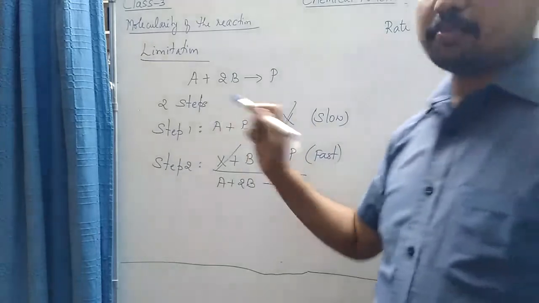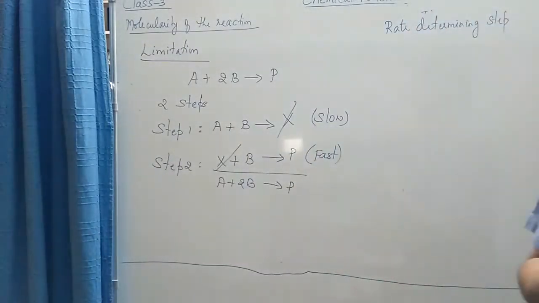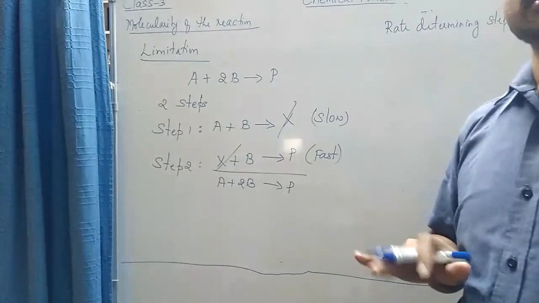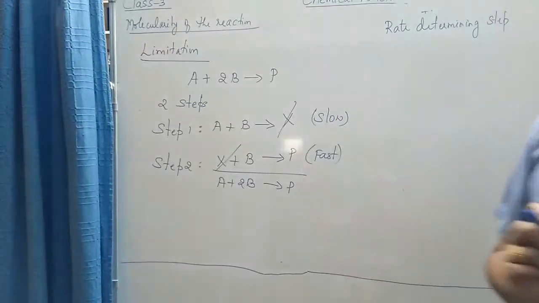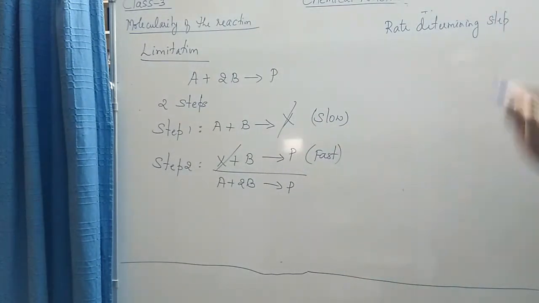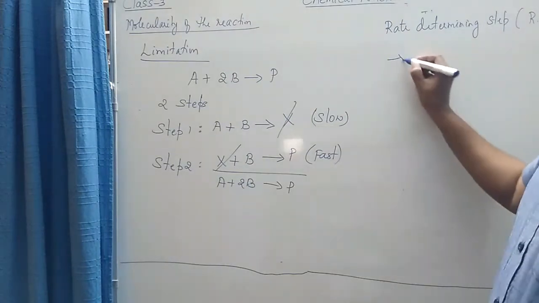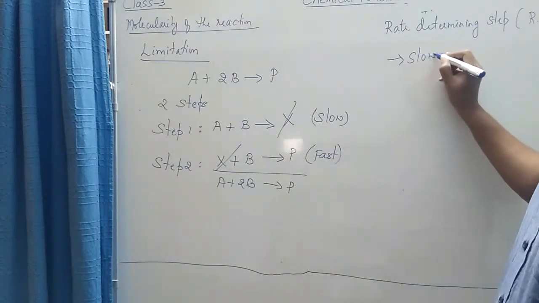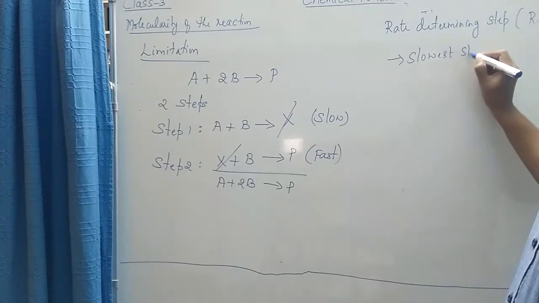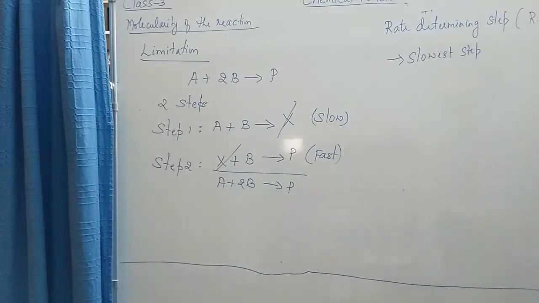That particular step whose rate has a greater effect on the overall rate of the reaction. The answer to this, it is abbreviated as RDS, rate determining step. So which step is the rate determining step? The slowest step is always the rate determining step.